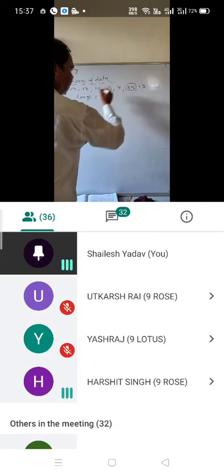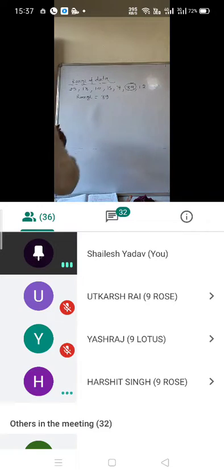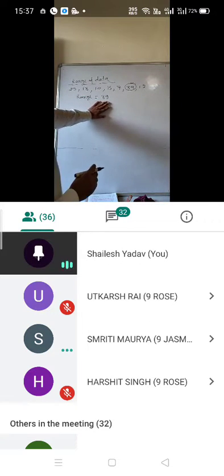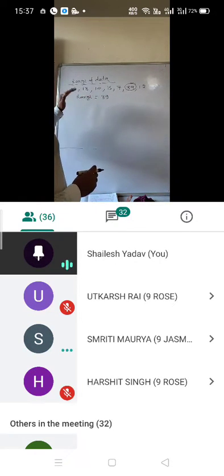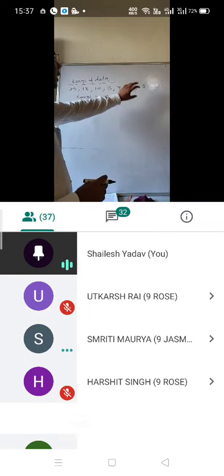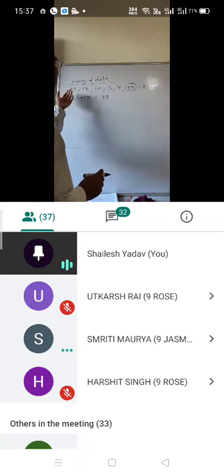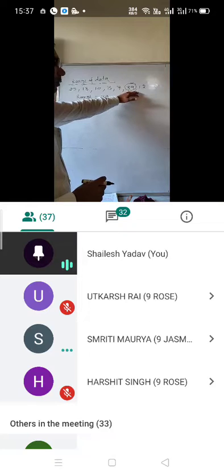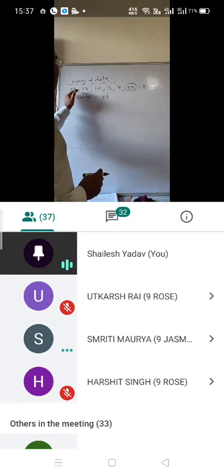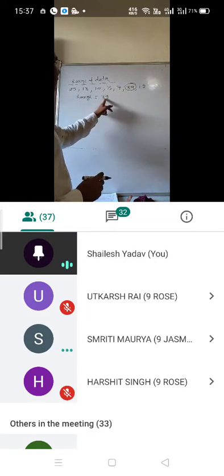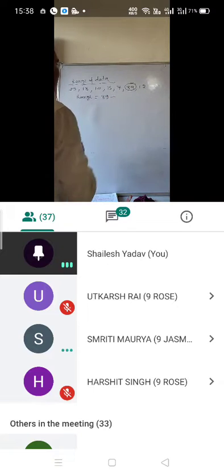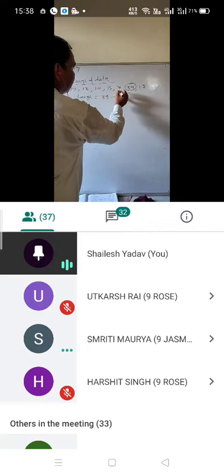That is 39. For the range you are not supposed to write in ascending order, because you only need to find the highest and lowest value, which you can find from the given numerical values. The highest value is 39, minus the lowest value, which here is 7.